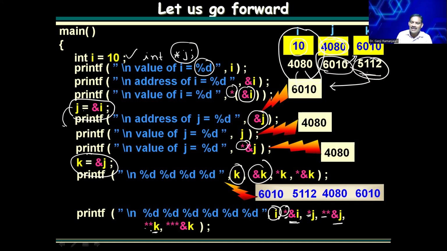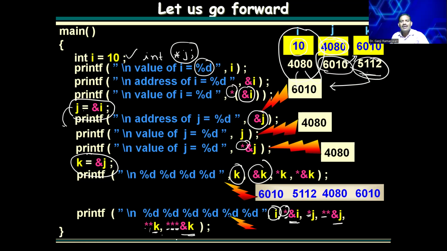Star K. What is K? 6010. What is star K? That is 4080. What is star 4080? 10. What is ampersand K? 5112. What is star 5112? 6010. Star 6010 is 4080. What is the content of 4080? 10.